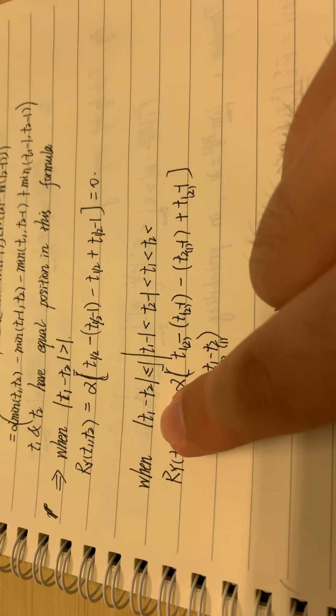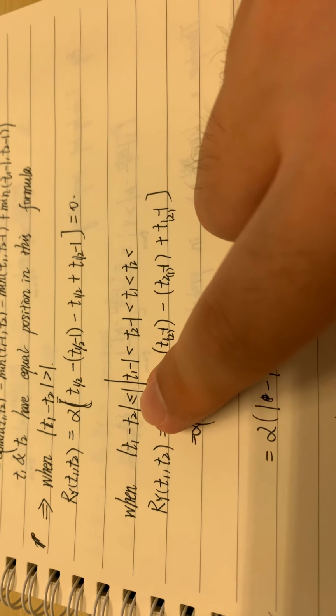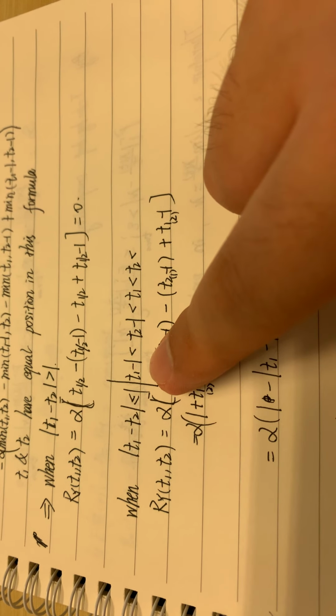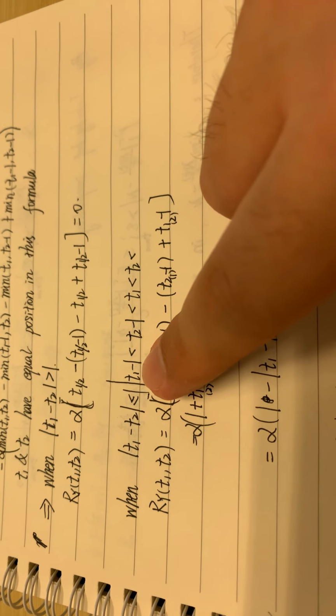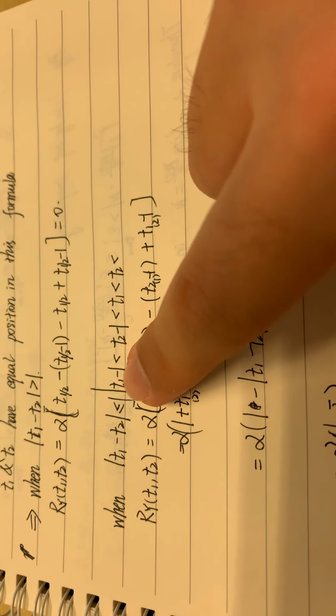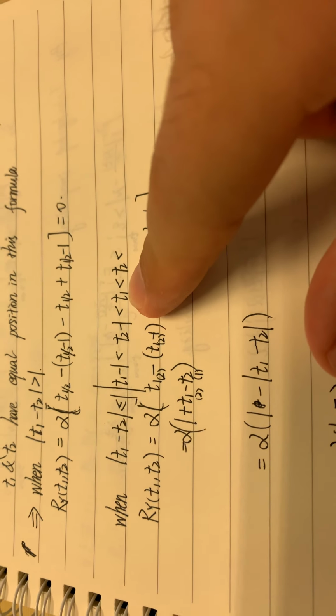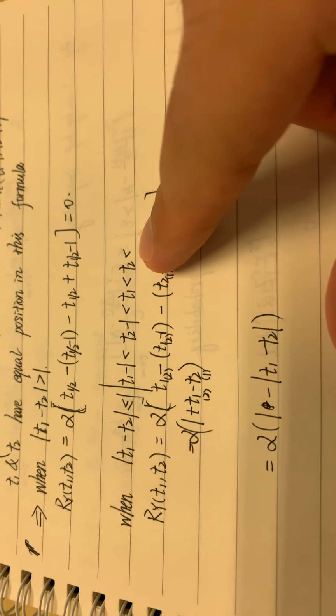The second assumption is that the absolute value of t1 minus t2 is smaller than or equal to 1. Let's make this more specific: t1 minus 1 is smaller than t2 minus 1, smaller than t1, smaller than t2.